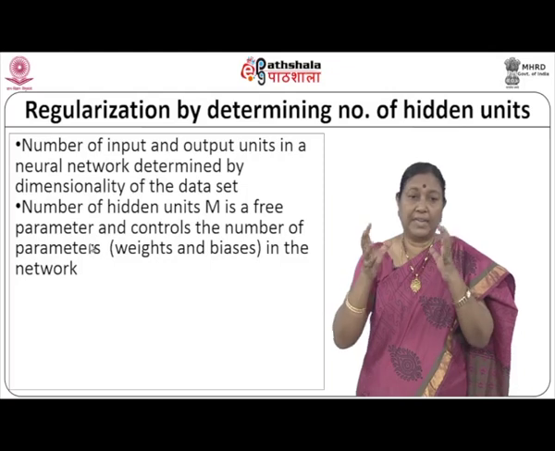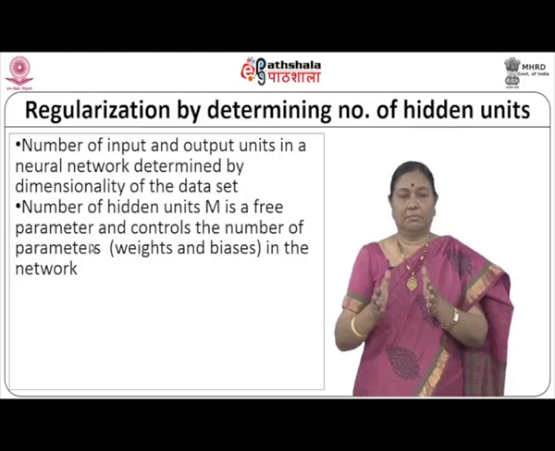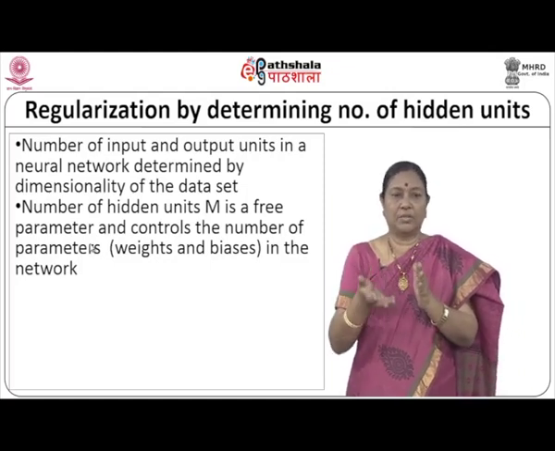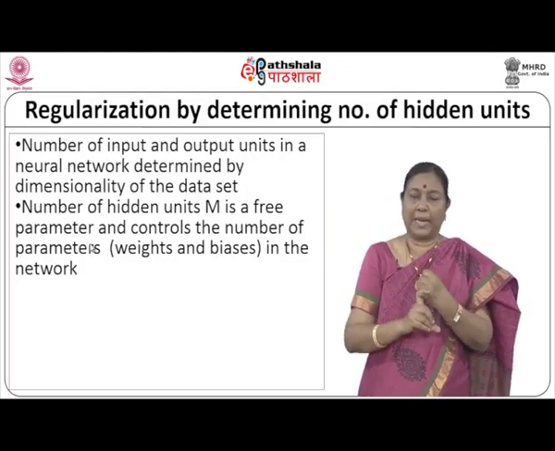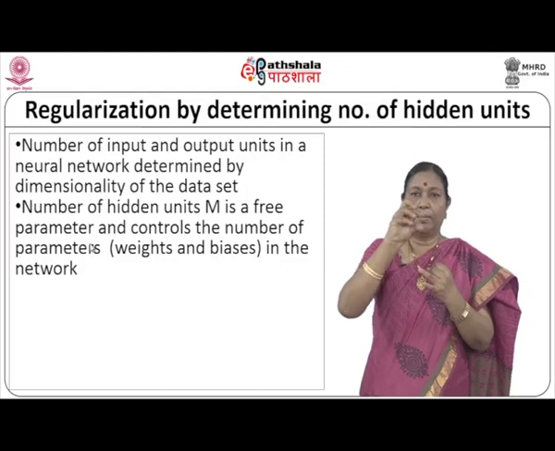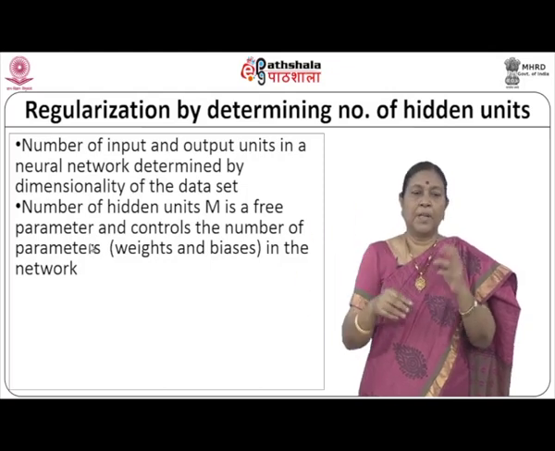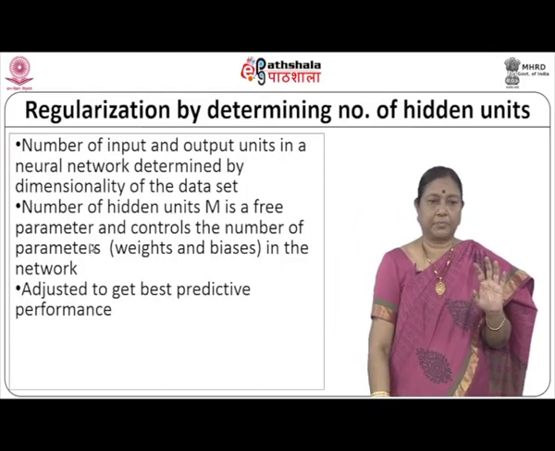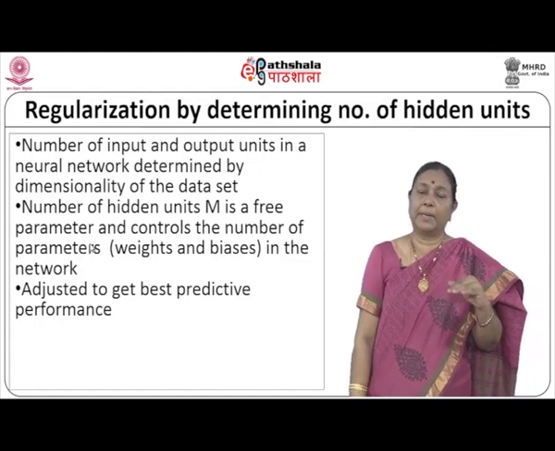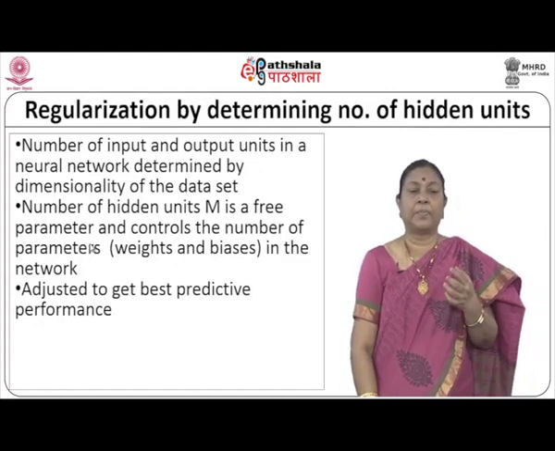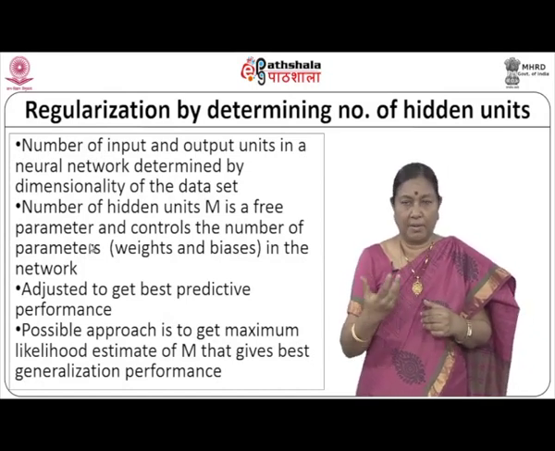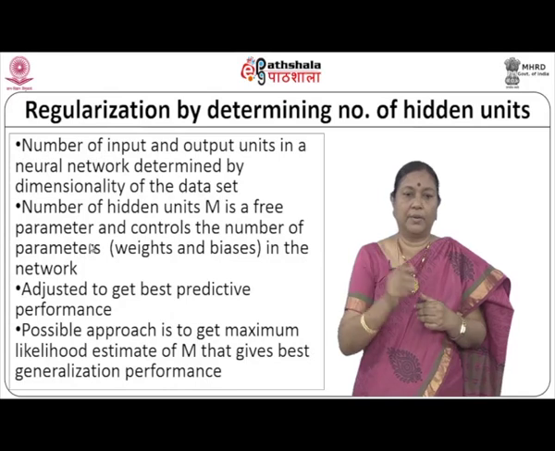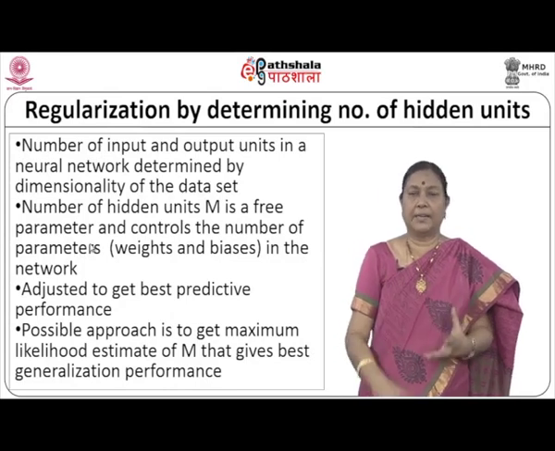Remember Wj plus W0. So, it is adjusted to get the best predictive performance. A possible approach is to get the maximum likelihood estimate of m, the number of hidden units, which gives a good generalization procedure.